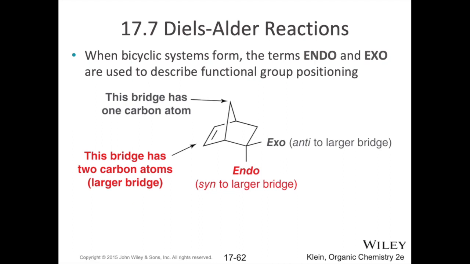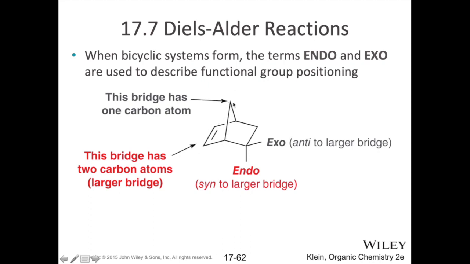Okay, I've used those terms endo and exo before. Exo means outwards, endo means inwards. What do we mean in terms of a molecule like this, our cyclic compound? So in this case, with cyclopentadiene, we're going to form a bridged compound, right?